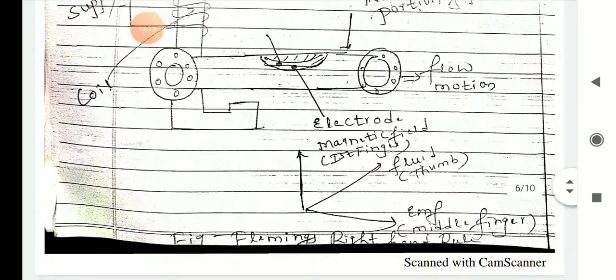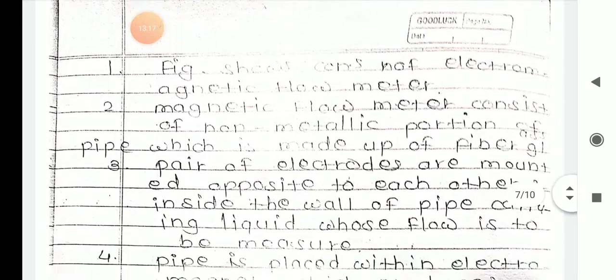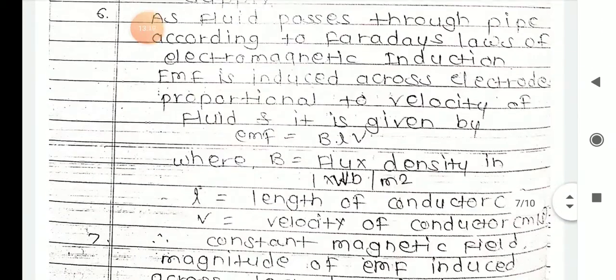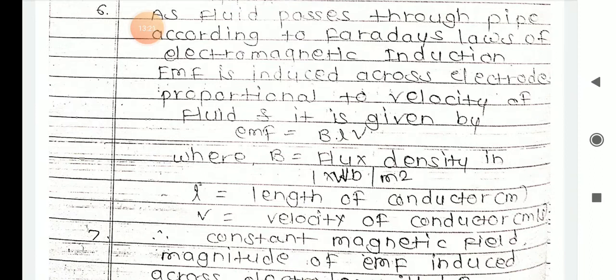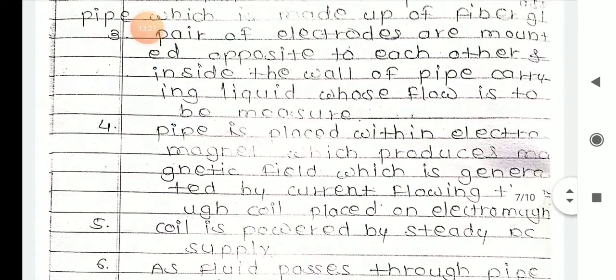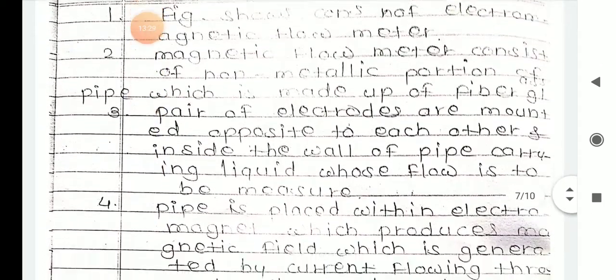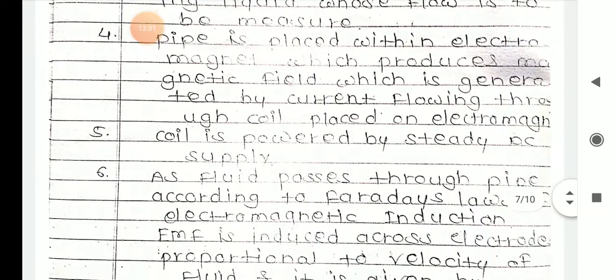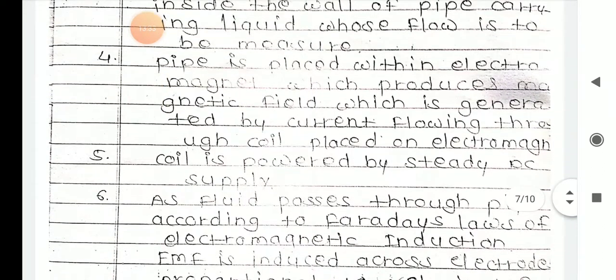It is given by EMF equals B into L into V. Here B is the flux density, L is the length of the conductor, and V is the velocity of the conductor.